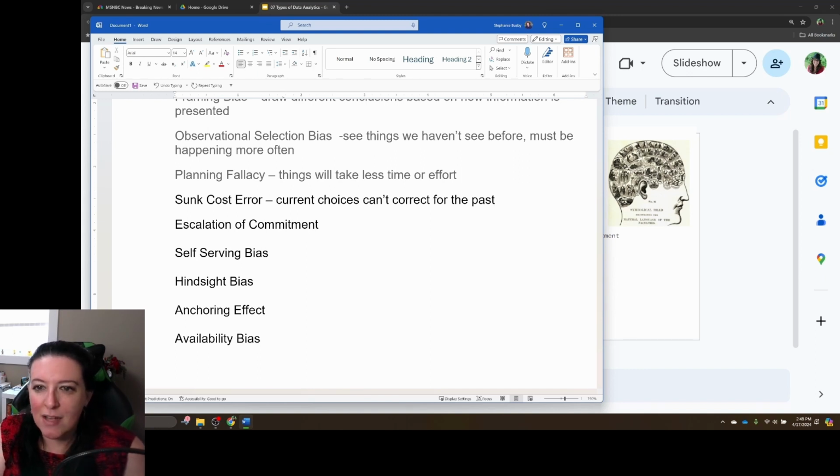That's the sunk cost error, where we keep putting more money in just because we have all the money tied up and sunk in the past. So the thing with the sunk cost error is that our current choices can't correct for mistakes we made in the past. We need to just kind of ignore them and move on, chalk it up to we learned. That money's gone, but we shouldn't be wasting even more.